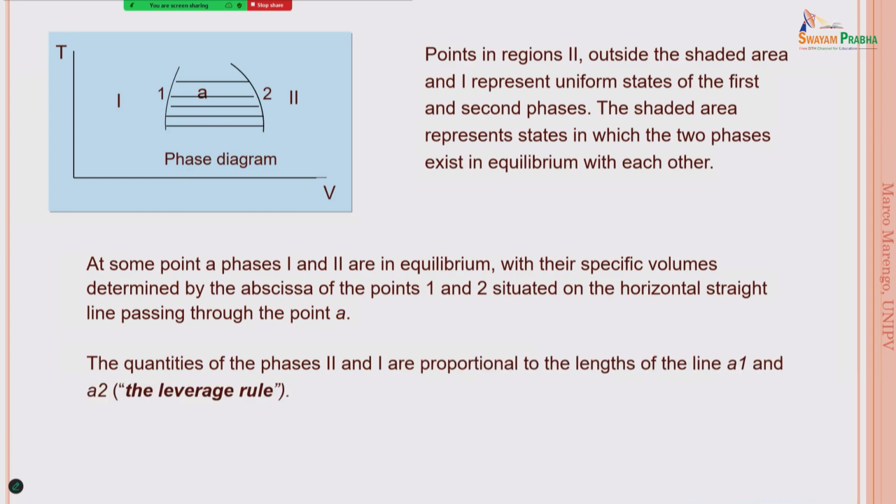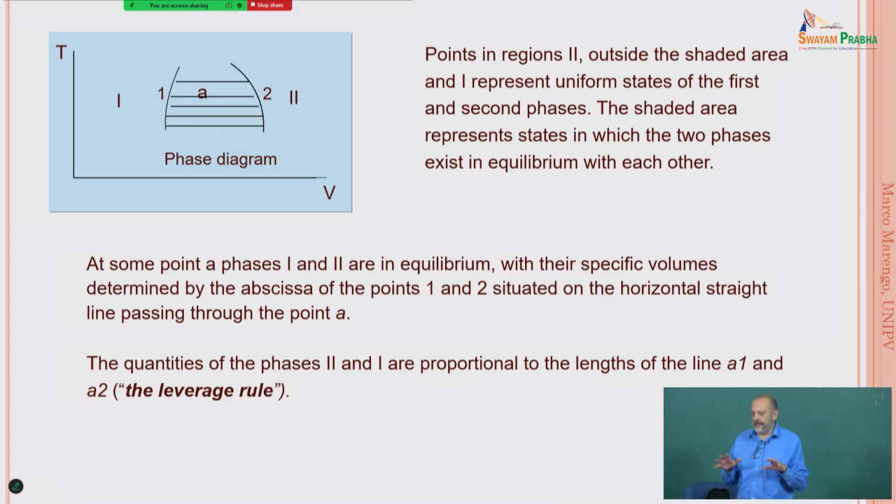In fact, inside the region where we have the coexistence of the two phases, we can even use the so-called lever rule, which says that if we know the properties of the liquid and the vapor, we can weight them to obtain the property of the mixture of liquid and vapor, which is fine.